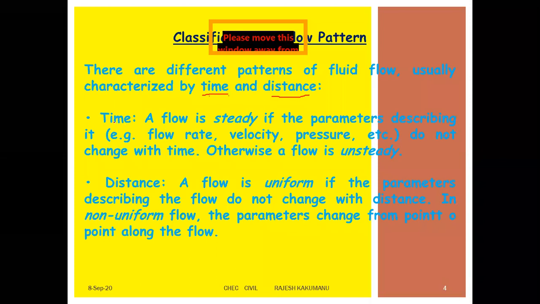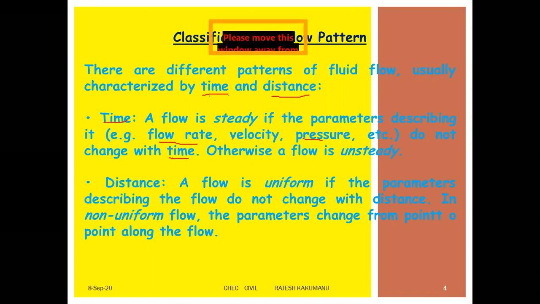First one, if we take the time, a flow is steady if the parameters describing it, for example the flow rate, the velocity, the pressure, etc., do not change with time. So flow rate, velocity of a fluid, pressure of a fluid are discussed with respect to time.